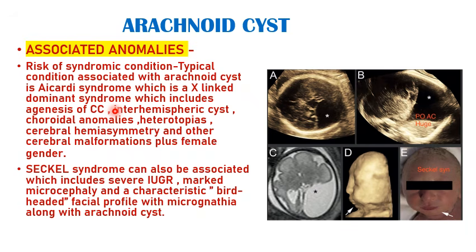Seckel syndrome can also be associated, which includes severe IUGR, marked microcephaly, and a characteristic bird-headed facial profile with micrognathia along with arachnoid cyst. Here we can see a huge arachnoid cyst in the parieto-occipital region along with bird-headed appearance and micrognathia, diagnostic of Seckel syndrome.